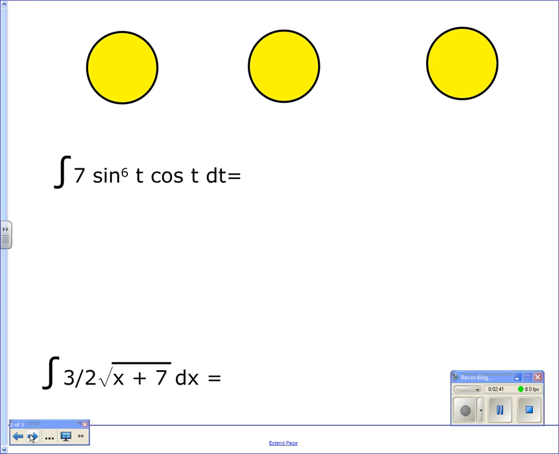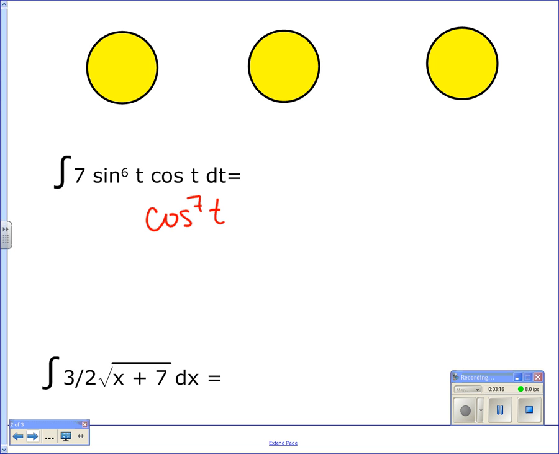Integrate 7 sine t to the 6th cosine t dt. What would we want to do on this one? You think cosine? Okay, we can try that.